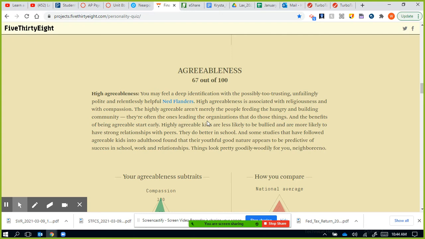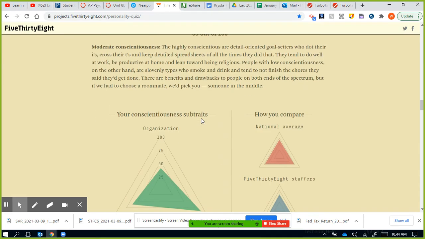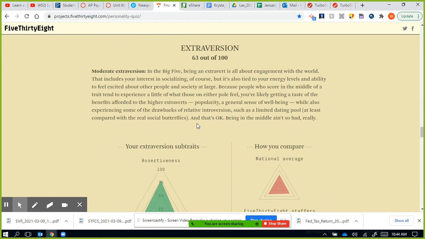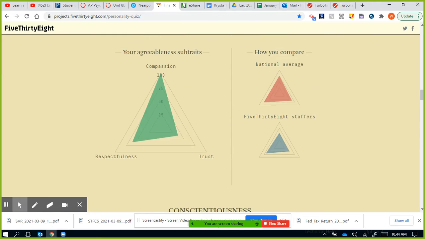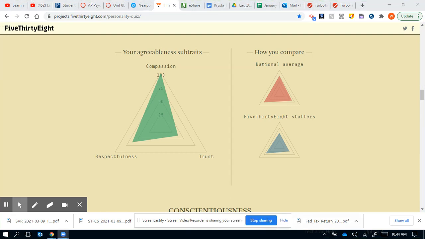Okay, what I want you to do is, when you're scrolling down through these, write down for each characteristic, for each dimension, are you high, moderate, or low? Just write down high, moderate, or low for each one, because we're going to put it into a poll so that you all can see how you match up compared to the rest of your classmates. Make sure you write it down, because once I change slides to go to the poll, the window's going to close.